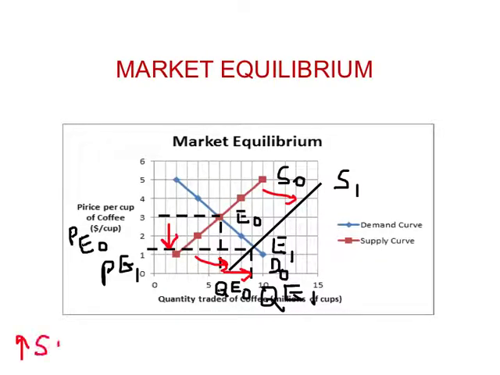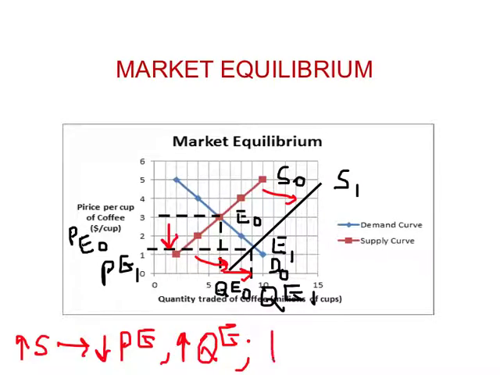An increase in supply will cause a decrease in equilibrium price and an increase in quantity traded. Once again, I won't do this, but you can figure this out on your own. When there is a decrease in supply, we would expect an increase in equilibrium price and a decrease in quantity traded.